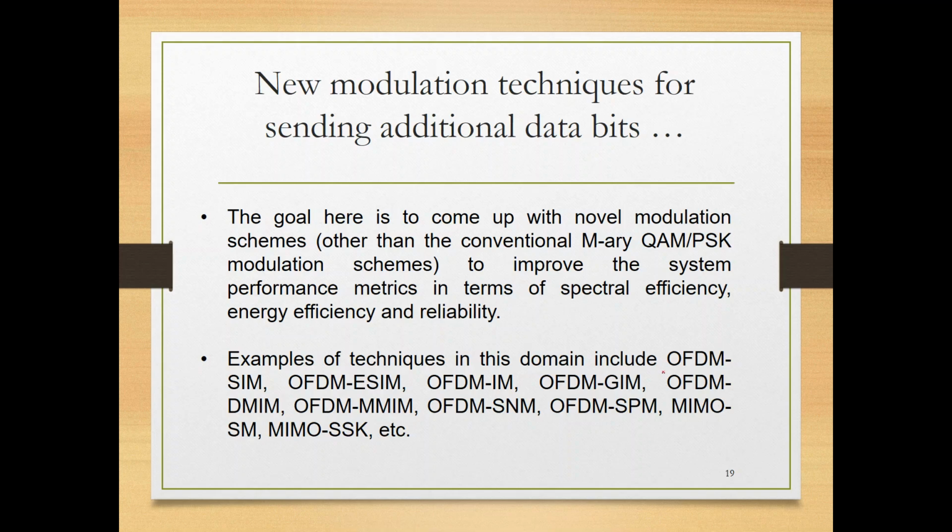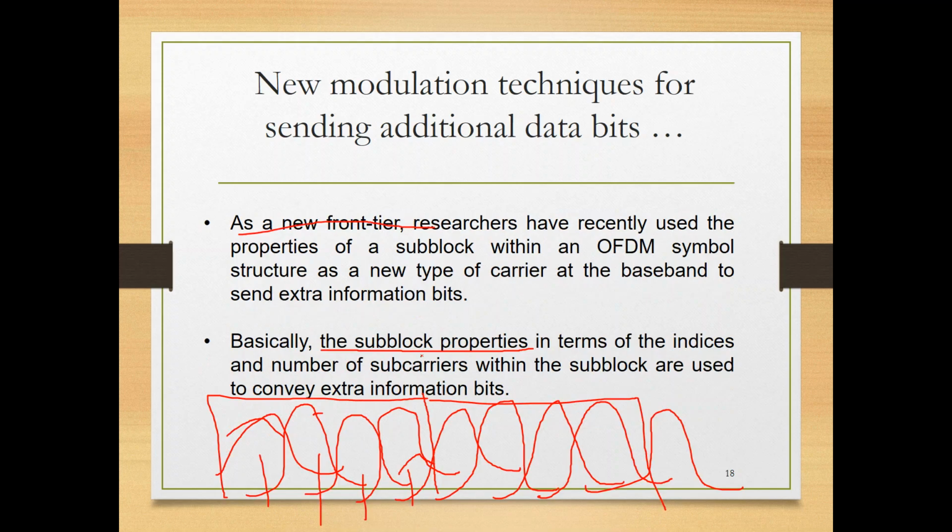Examples of modulation schemes that have recently been proposed in the literature: OFDM with subcarrier index modulation, OFDM with enhanced subcarrier index modulation, OFDM with index modulation, OFDM with generalized index modulation, OFDM with dual mode index modulation, OFDM with multi-mode index modulation, OFDM with subcarrier number modulation, and OFDM with subcarrier power modulation, and MIMO spatial modulation, MIMO space shift keying. All these are different schemes based on the idea I explained here.